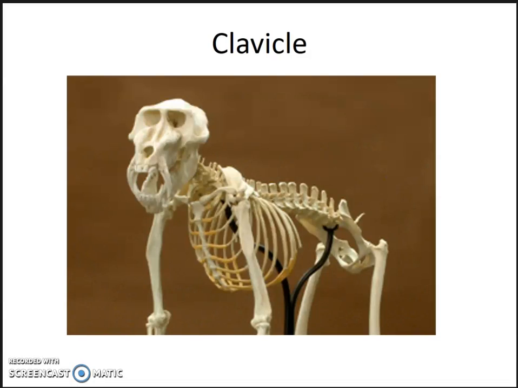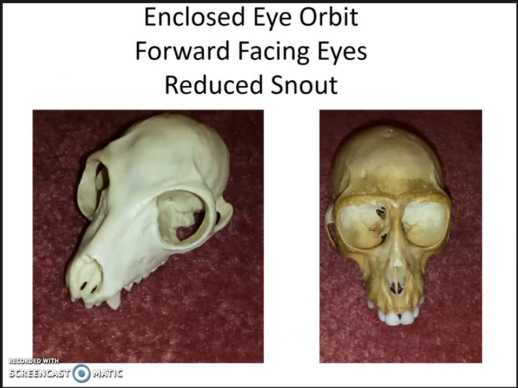Next thing that we want to look at is a clavicle. All primates have a complete clavicle. It runs from the sternum right here all the way over to the scapula on the far side. When we look at the eyes and the snout, primates have reduced emphasis on smell and increased emphasis on vision. So the eyes are getting bigger while the snout length is getting smaller.